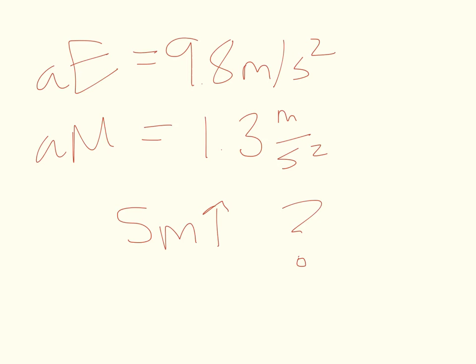Now remember that acceleration is in a downward direction. That basically means that you can throw the ball up, but it's only going to go so far because it's being pulled downward at 9.8 meters per second squared.